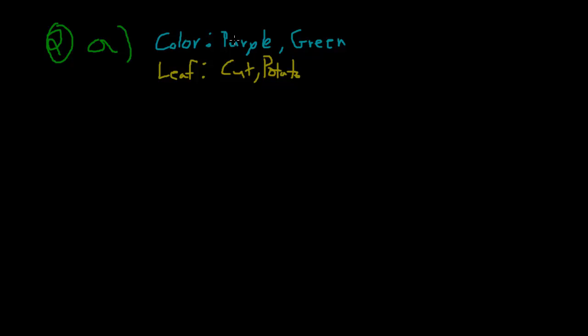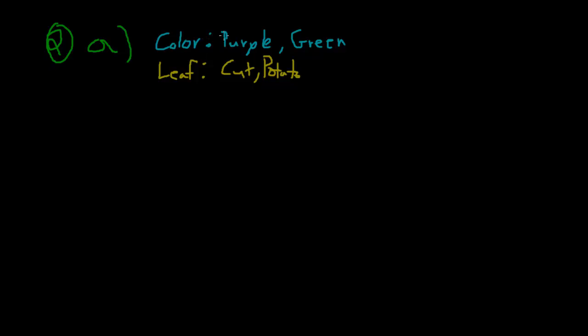For color, we want to see one where, for purple versus green with the same type of leaf, cut, one of the colors has 0. So looking at mating 3, we see that purple cut versus green cut, the first column and the third column out of the 4 offspring columns, purple cut has offspring but green cut doesn't. For purple potato and green potato in that same row, purple potato has offspring but green potato doesn't.